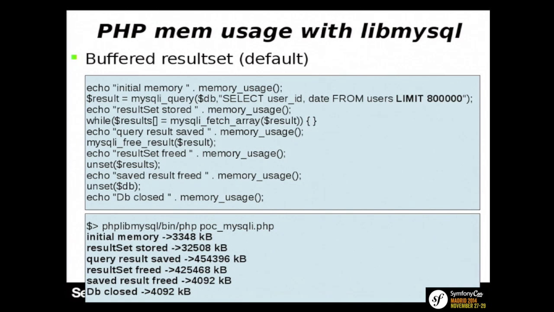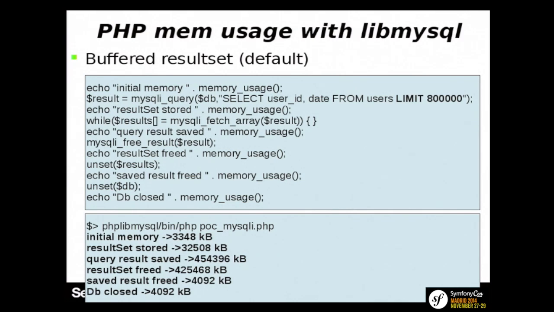So this is an example. It's not very readable, anyway, I do a query. Then I fetch an array of the result, and then I use this result, and then I free it, and I unset my variable. Here, when you use libmysql, it is interesting to see that when the result set is stored, and when you fetch results, you have a big gap in memory.